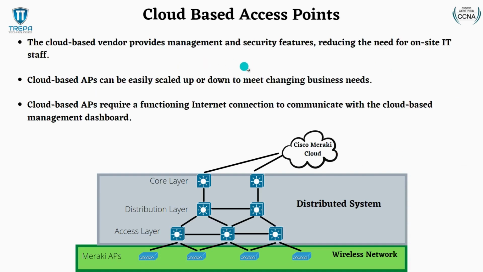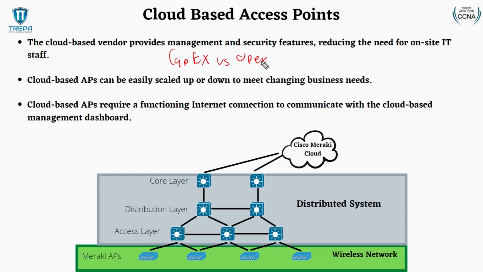Then the cloud-based vendor, with any really cloud deployment, what you're doing is reducing the need for on-site IT staff. Now what you're worried about is called capital expenditures versus OpEx. Essentially meaning that now the cloud-based vendor is providing the management and security features. It's pretty much a software as a service at this point.